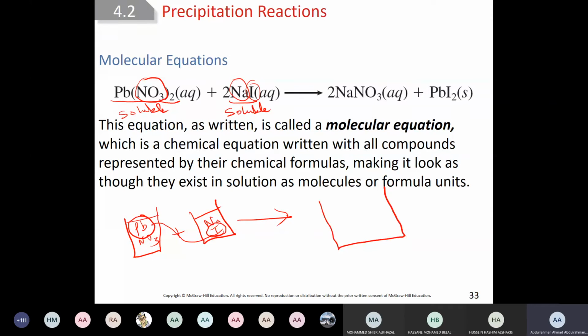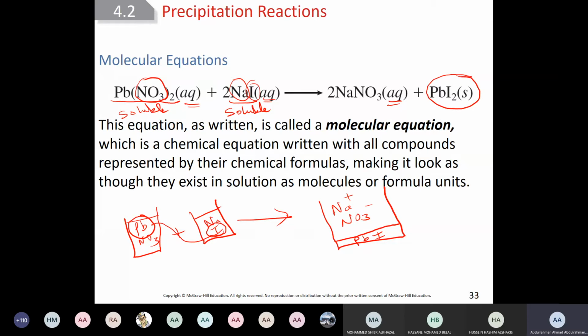The sodium will stay in solution, the NO3 will stay in solution, but the Pb with the iodine will come out as a precipitate. That's why PbI2 will come out as a solid, while NaNO3 will be aqueous and dissolve in water.